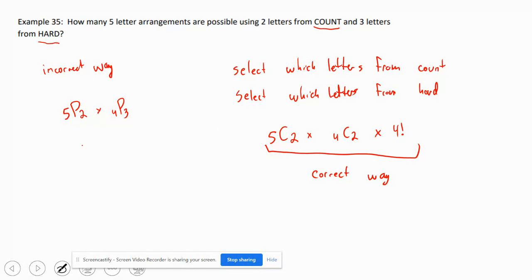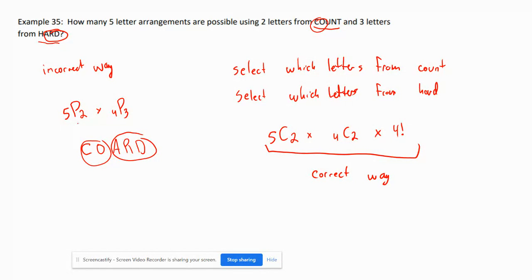Now the problem with this is this would be one arrangement. So here these 2 letters came from count. These 3 letters came from hard. Okay, so C-O-A-R-D would be one possibility.